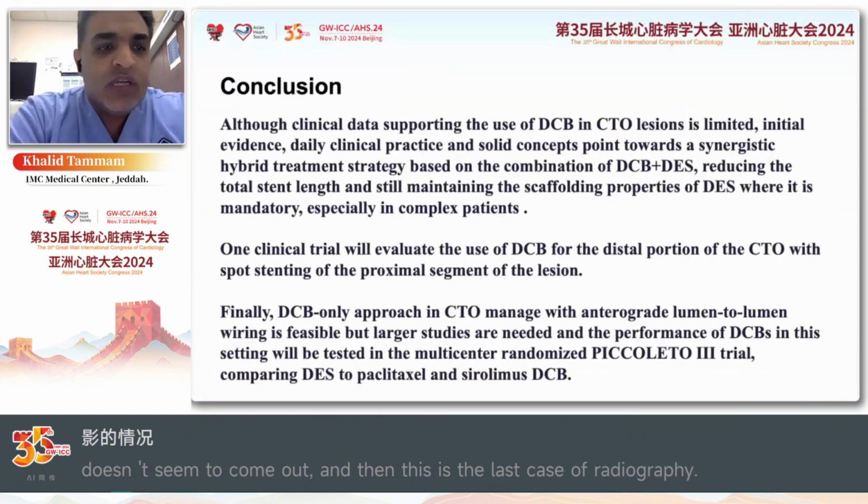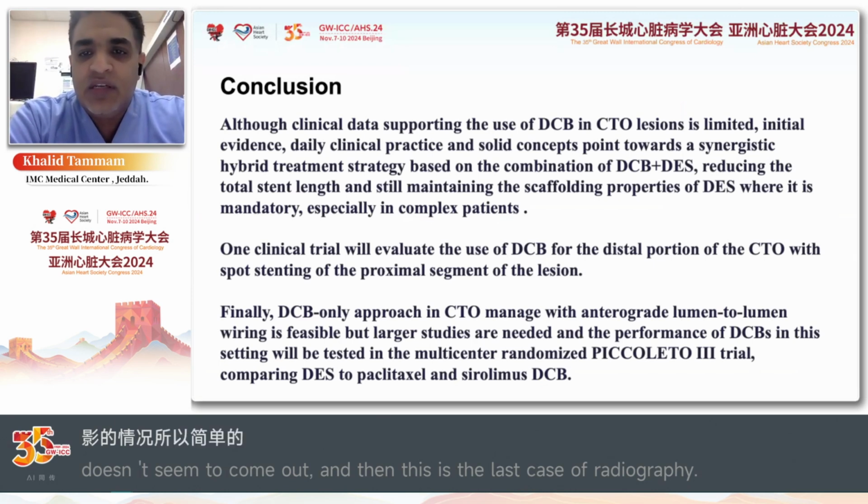So to conclude, clinical data supporting the use of DCB in CTO lesions is still limited.